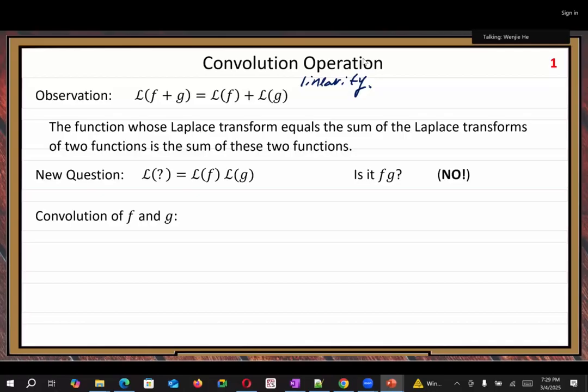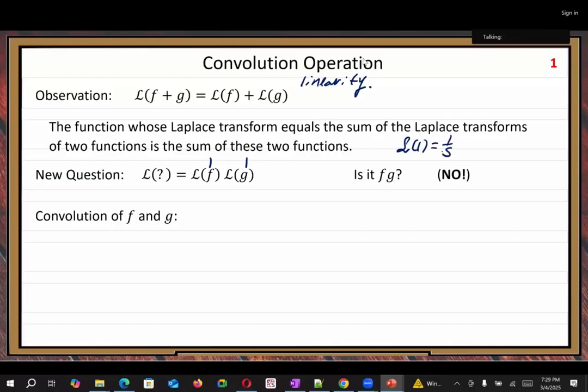Because if f and g equal 1, it cannot be true, right? The Laplace transform of 1, what's that? 1 over s. Laplace transform L of 1 equals 1 over s.